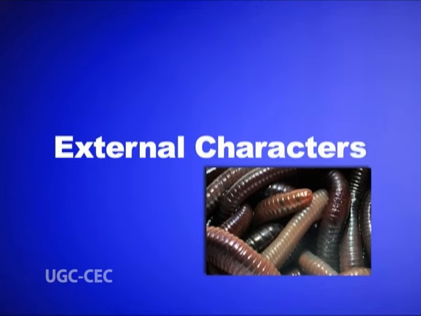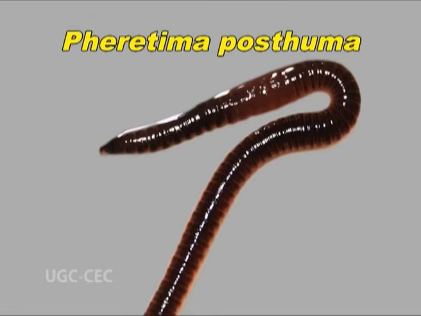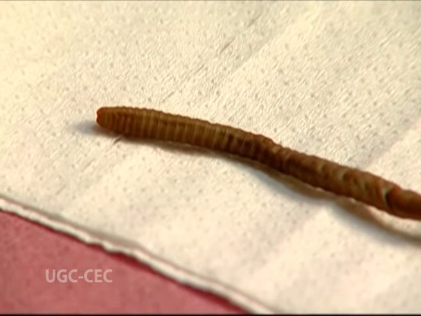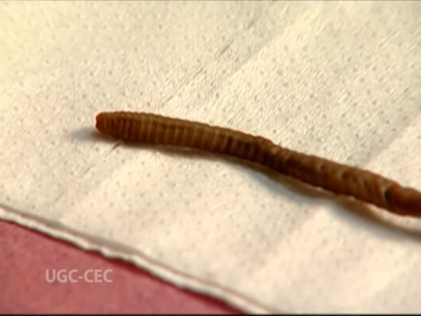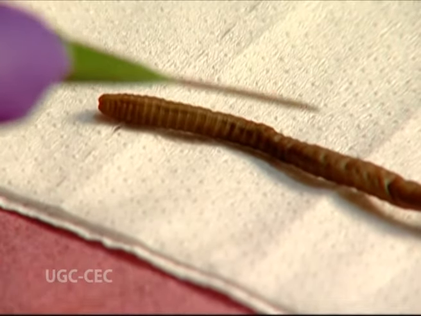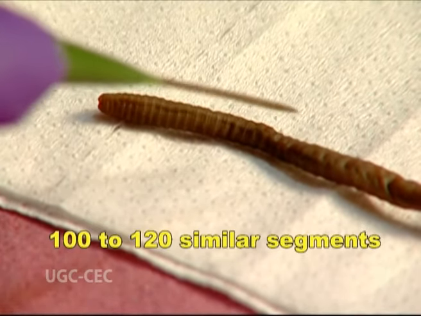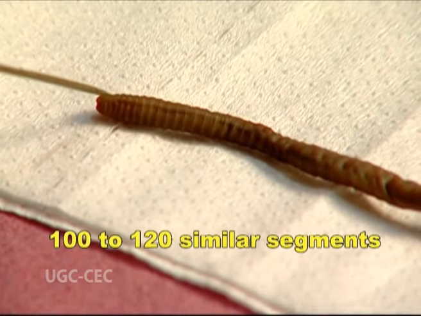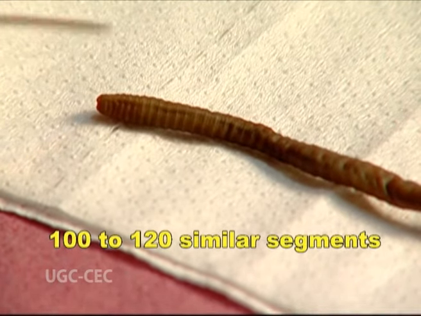External characters. The earthworm, that is Pheretima posthuma, has a long, narrow and cylindrical body. It has bilateral symmetry. The body is metamerically segmented by distinct transverse grooves to a series of about 100 to 120 similar segments called metameres.